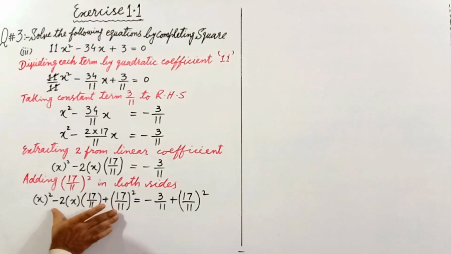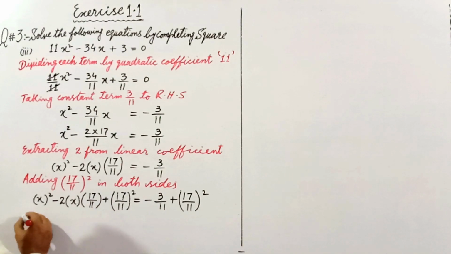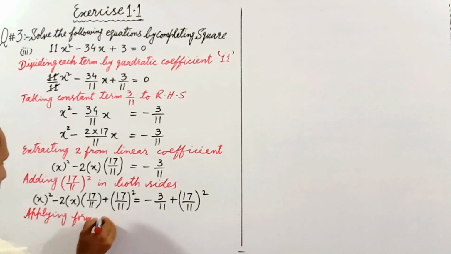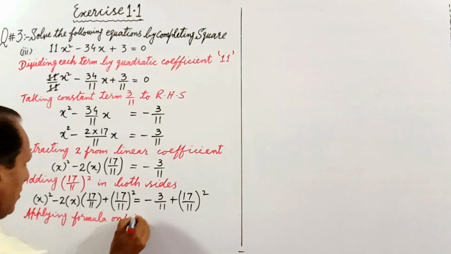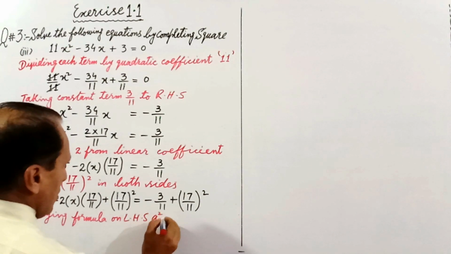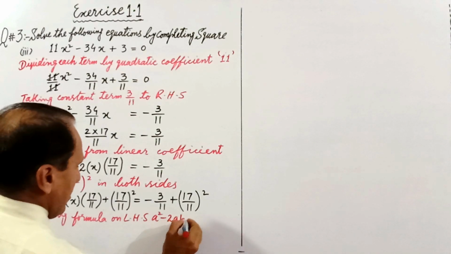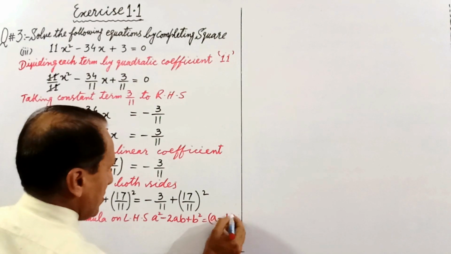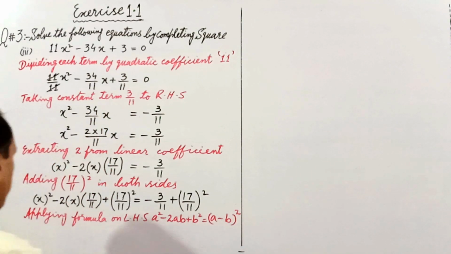As the expression is in a perfect square form in the left hand side, so therefore by applying formula we get the perfect square. Applying formula on left hand side, that is a square minus 2ab plus b square is equal to a minus b whole square.